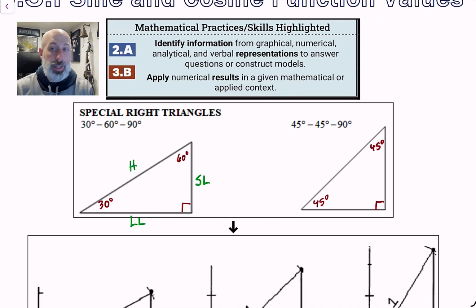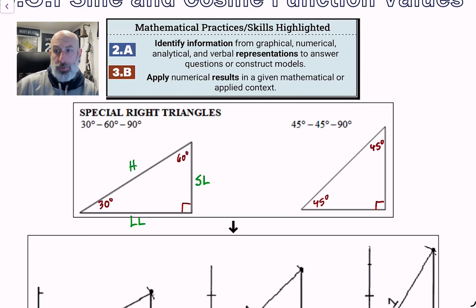The side across from the smallest angle, the 30 degrees, is the short leg. The medium side is across from the 60-degree angle, which is the long leg, or larger leg. And the side across from the right angle is the hypotenuse, which will be the longest of all.